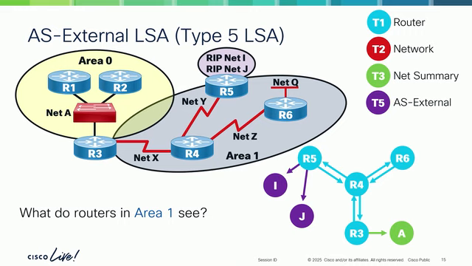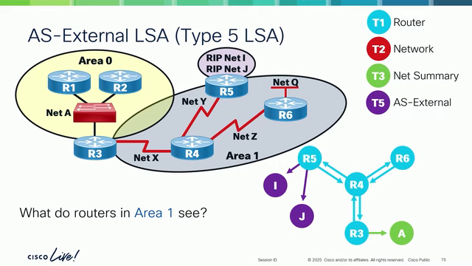LSA type 3, the summary LSA, gives you the feeling that it floods from one area to another. In reality, every ABR recomputes it and generates its own because it has to increase the cost. Right? So not even LSA type 3 is flooded across areas, it's just regenerated on area boundaries.